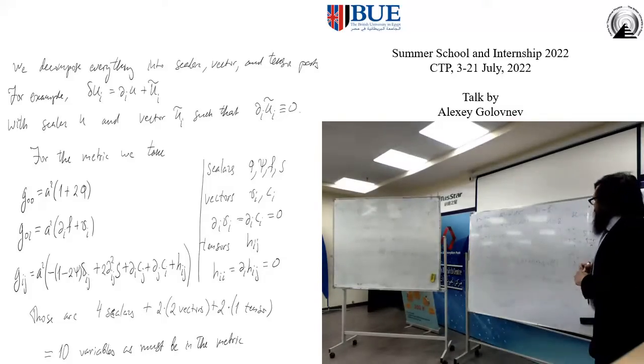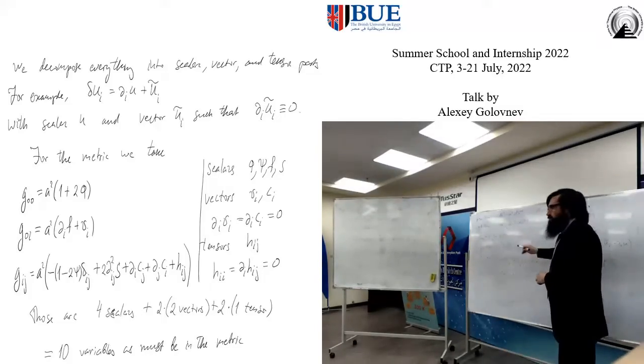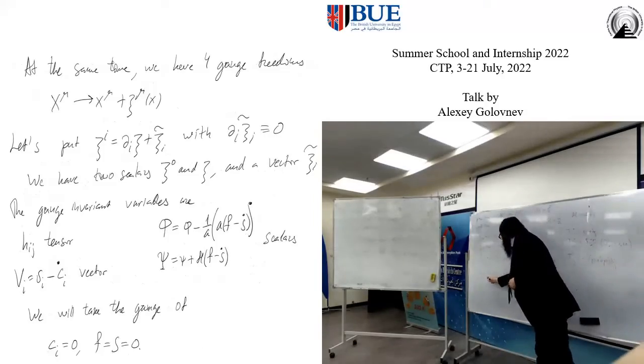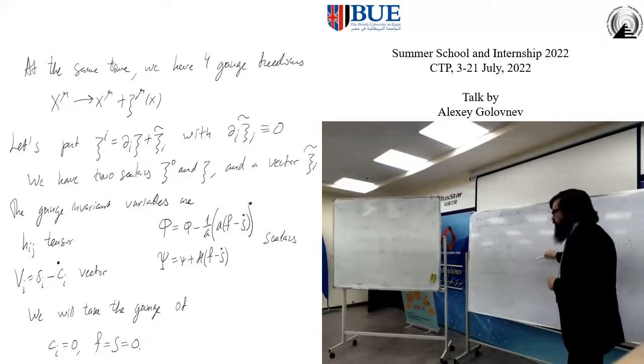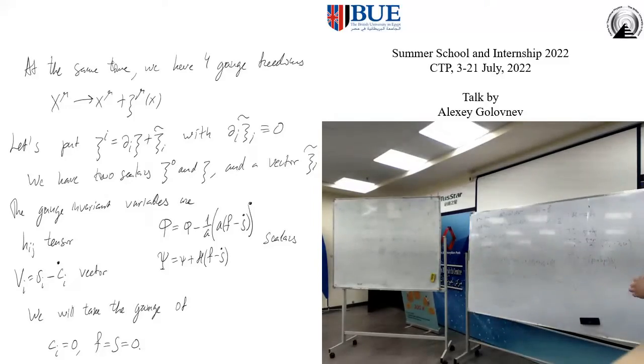And then after that I can remember that I also have diffeomorphism invariance in general relativity. I can change coordinates as I wish. Of course, it changes all these components somehow.